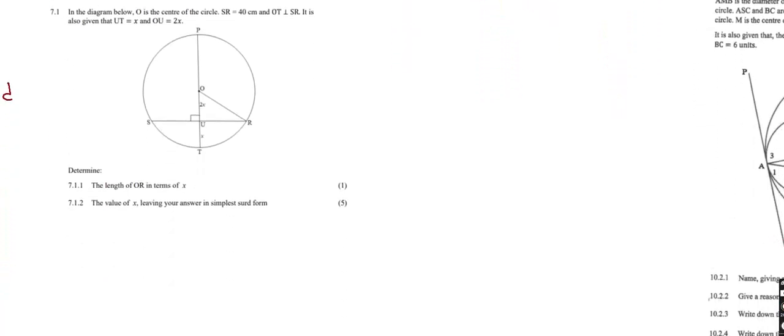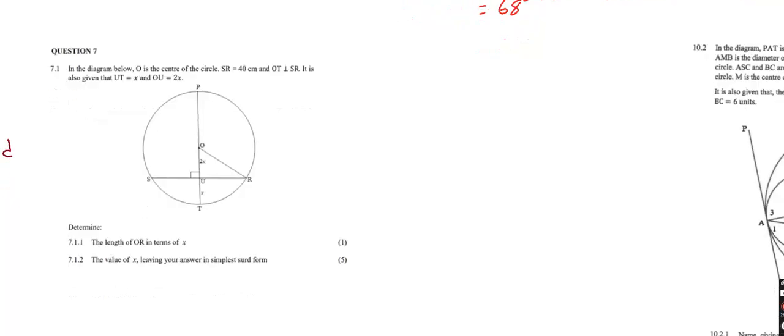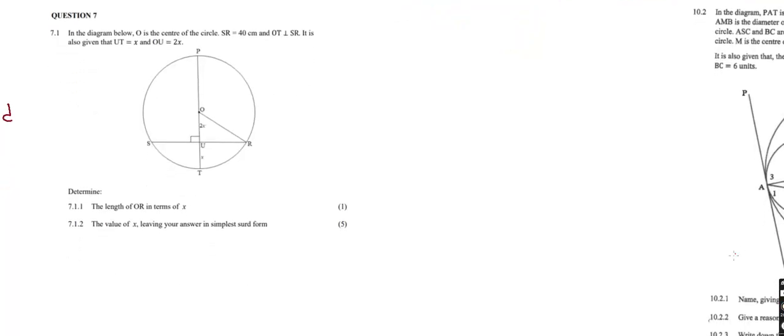And then we've got this question 7 here. Also one of the easier questions. So in the diagram below, O is the center of the circle. SR is equal to 40 centimeters. And OT is perpendicular to SR. Now we are given, this takes us to theorem 1.